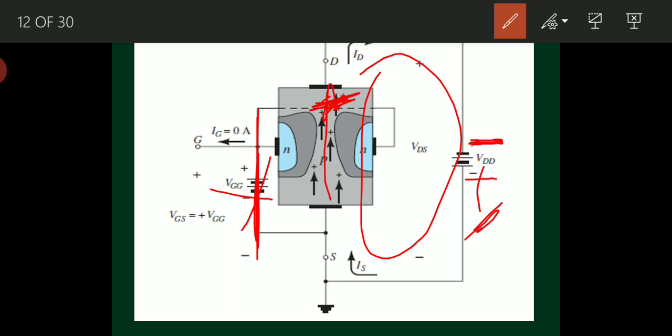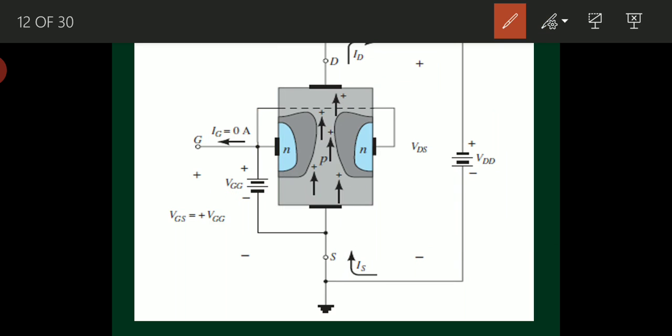So the direction of current is opposite to the flow of electrons, and the direction of current is the same as the flow of holes. So the current direction is also from source to drain. The current enters at the source terminal like this and leaves the drain terminal like this. So these are the conventions I have shown you here.